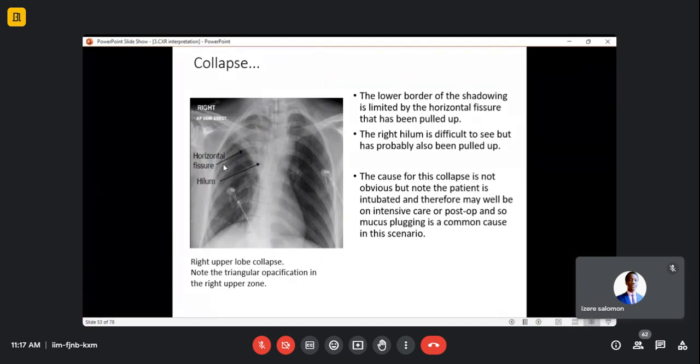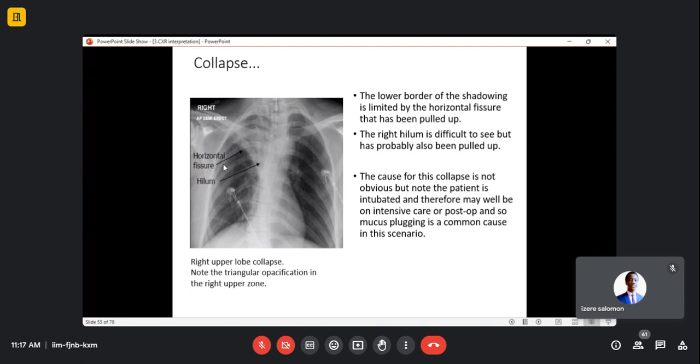All of those will be differentiated by just the clinical history of the patient. Maybe the patient has inflammation or infection. And when you do an X-ray, you see this kind of collapse, but it doesn't rule out any associated consolidation or pneumonia.